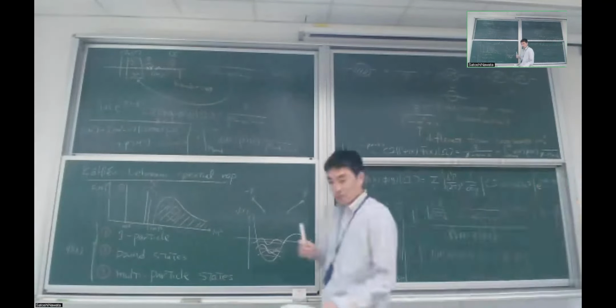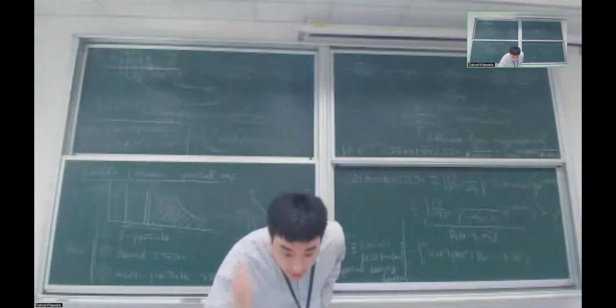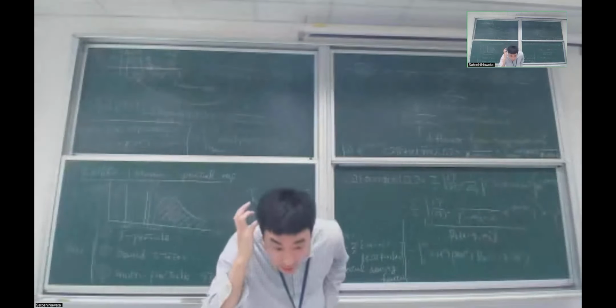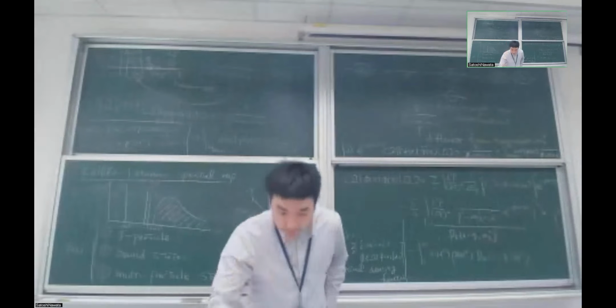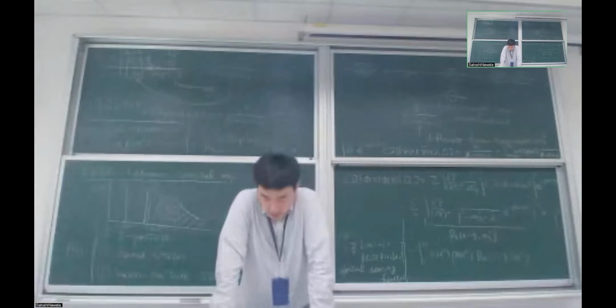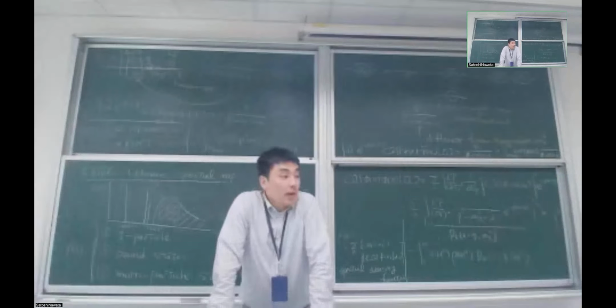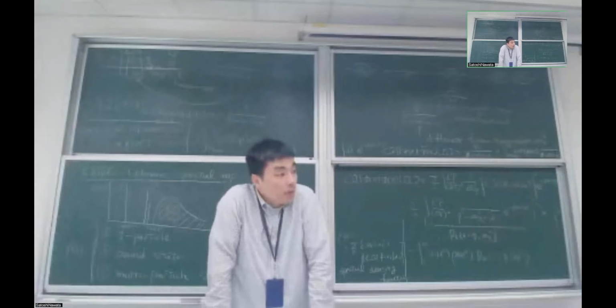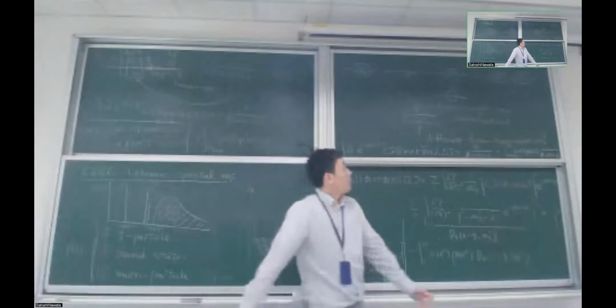I hope the Tencent side can read what I have written on the blackboard. So that's what's happening in the interacting theory. When you do the calculation in perturbation theory, we essentially pick this pole part.